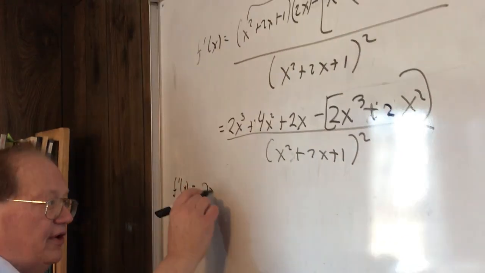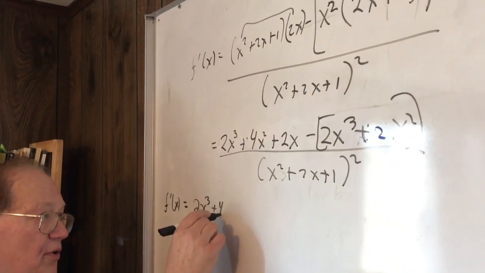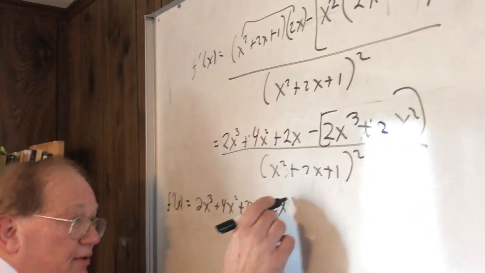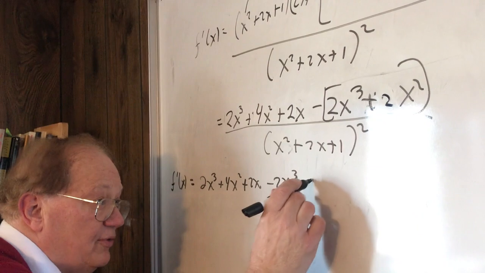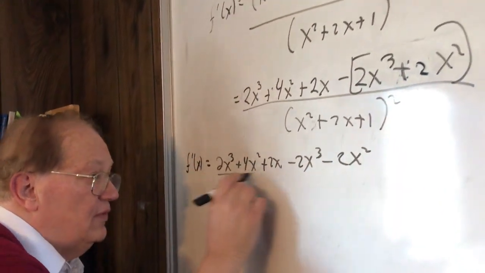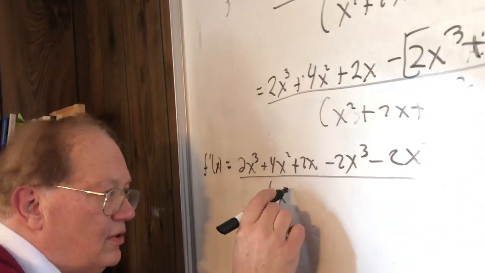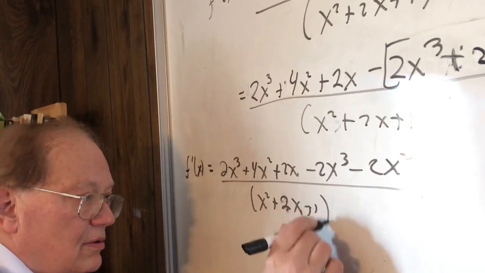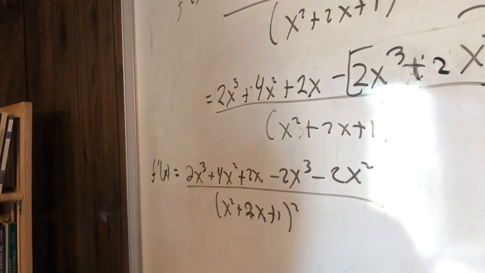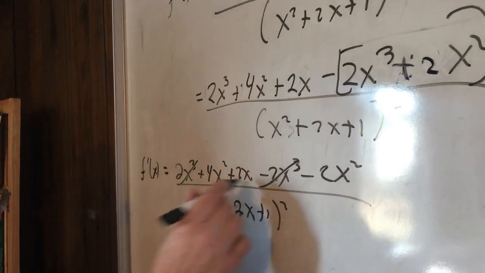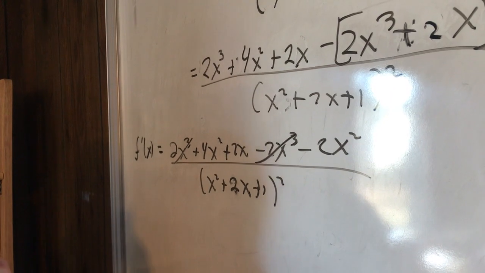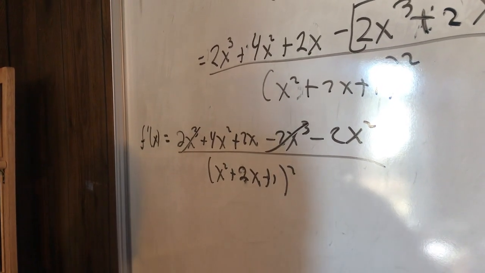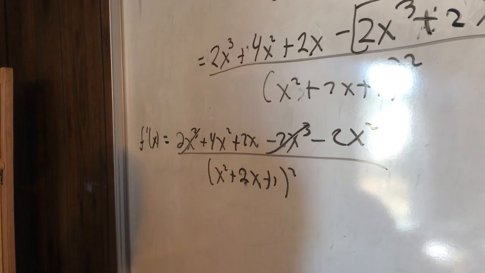That's going to be 2x to the third plus 4x squared plus 2x minus 2x to the third and minus 2x squared over this. Now notice this cancels nicely, and the 4x squared and the minus 2x squared sort of go together nicely.